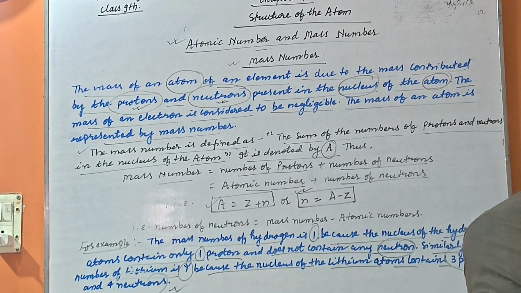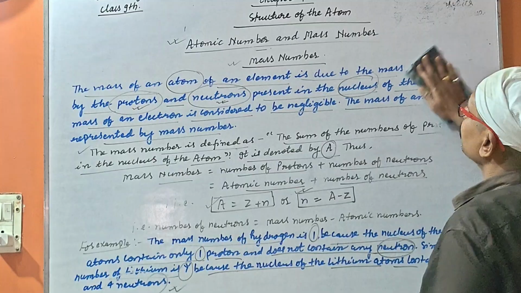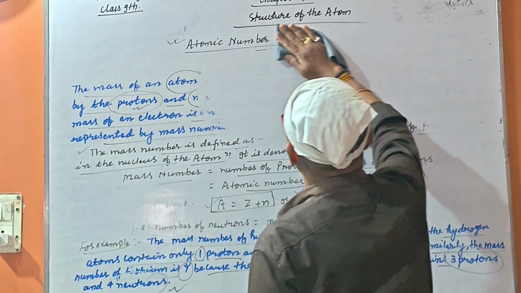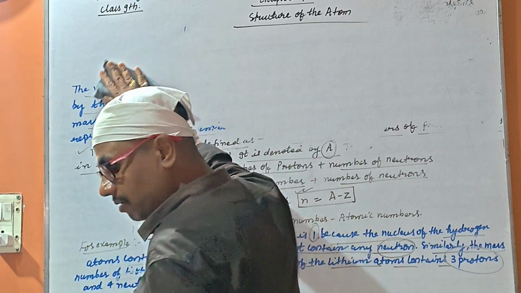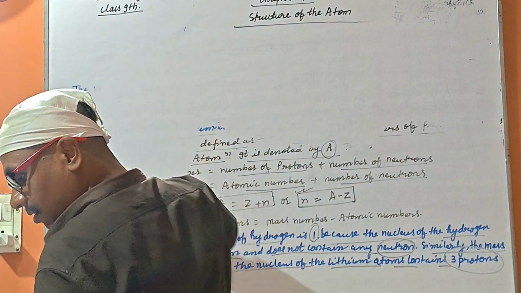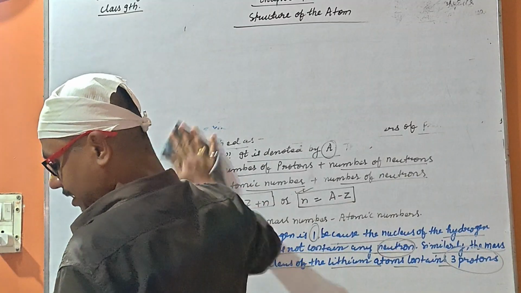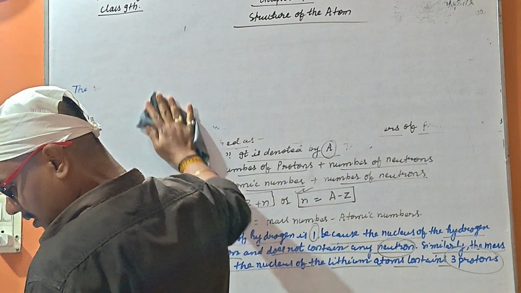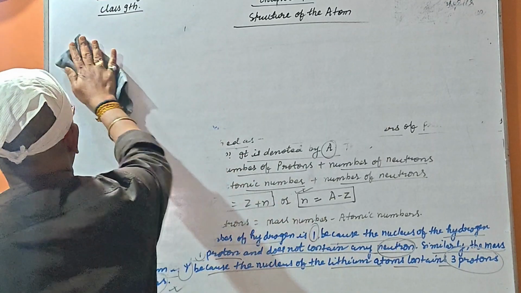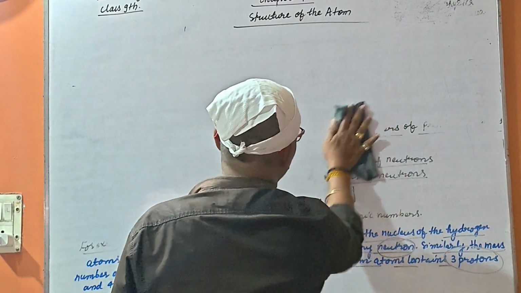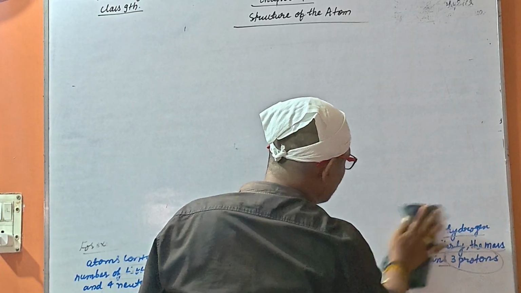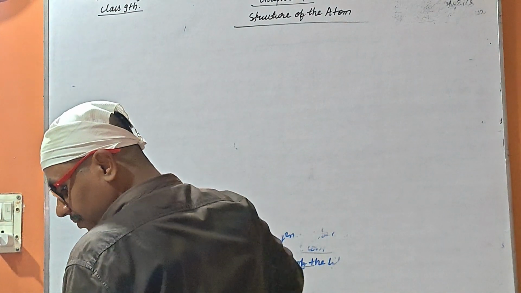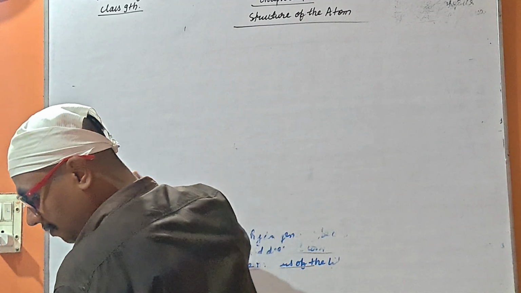Let us understand a few things more about the atomic number and mass number. We are going to conclude the topic. I am going to give you the composition of the first 20 elements according to the mass number, atomic number, number of protons and number of electrons.